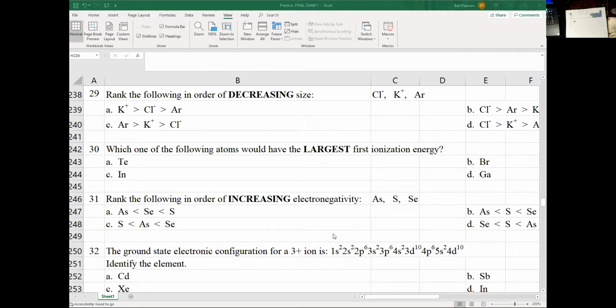So it's 2 plus 2 plus 6 plus 2 plus 6 plus 2 plus 10 plus 6 plus 2 plus 10. Now, did I do that right? Let's look: 2, 2, 6, 2, 6, 2, 10, 6, 2, 10. Okay, so the number of electrons that I have in here is 48.